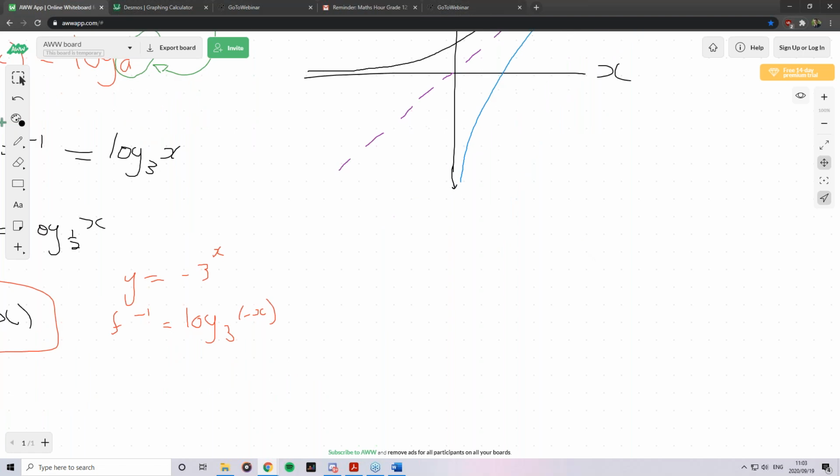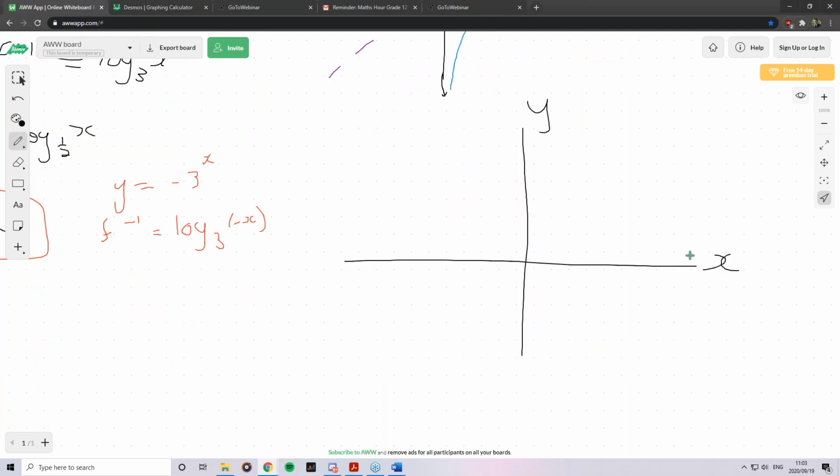Another shape it can take is something like this, an exponential where a is less than 1. So this is f. I draw my line y equals x.